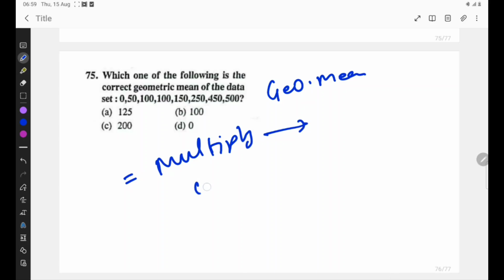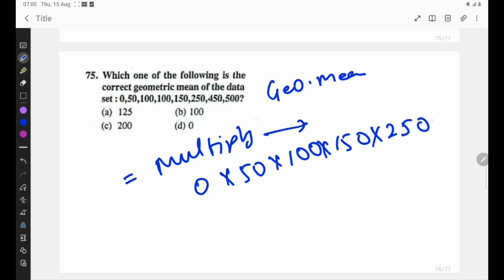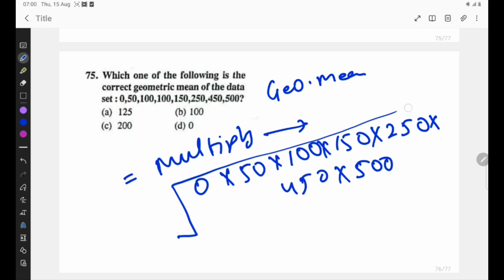So 0 multiplied by 50 by 100 by 150 by 250 by 450 multiplied by 500, and then take the nth root of this entire multiplication, where n is equal to the total number of observations.